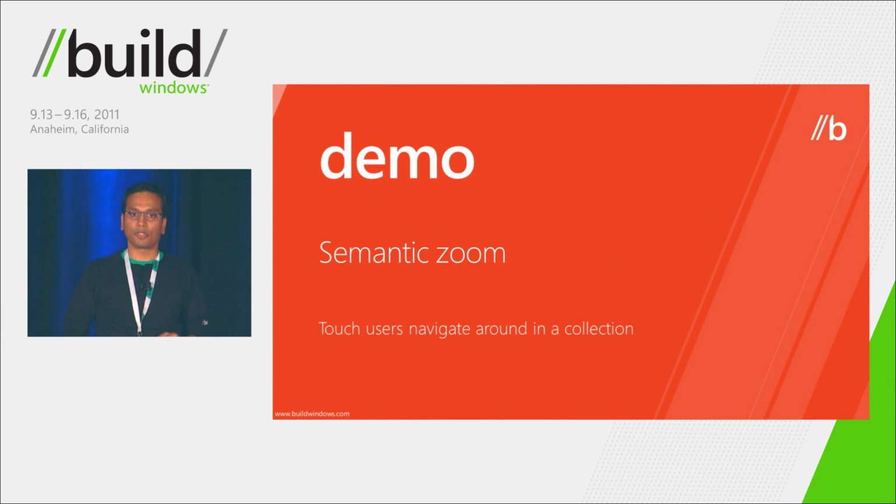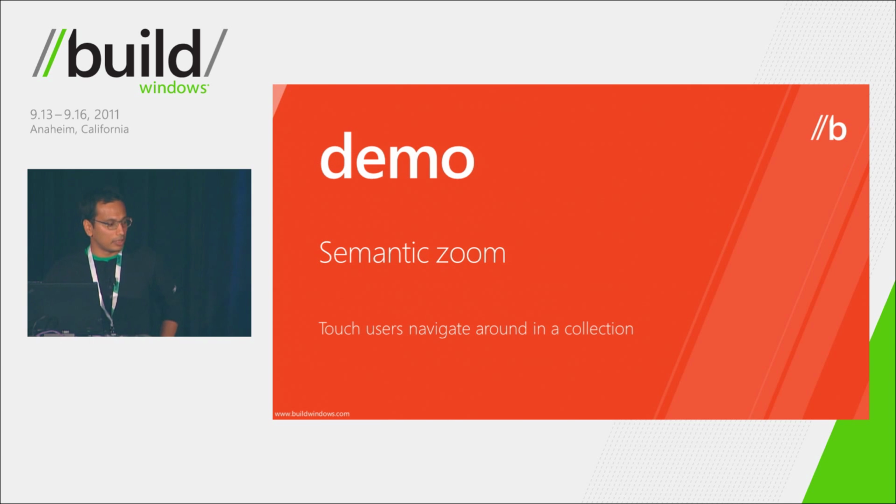And that's actually cumbersome. When you're using a mouse, it's easy because you can just scroll to the center and get to the center. But imagine in a large collection, if you have to pan 10 or 15 times to get to the item you want, it's kind of cumbersome. And semantic zoom is a paradigm that helps make that easy for end users.